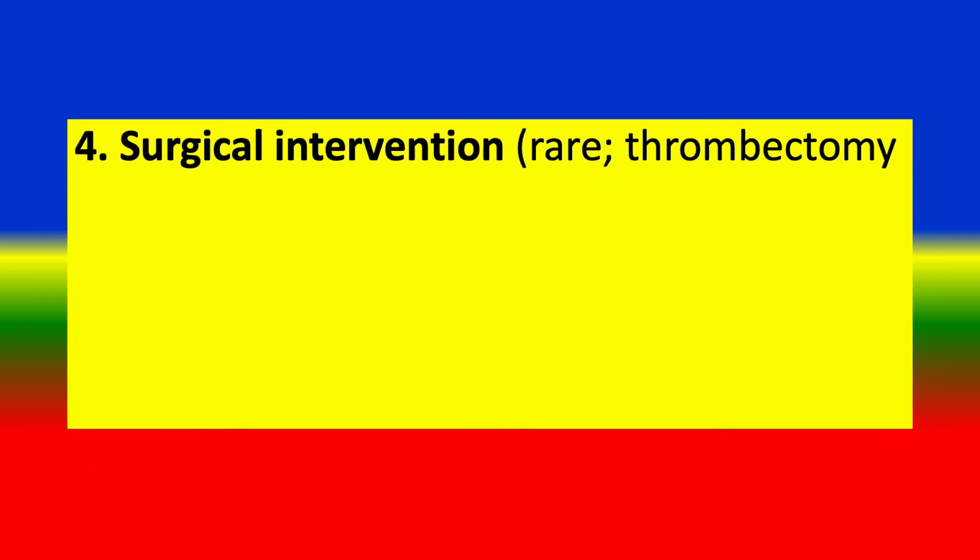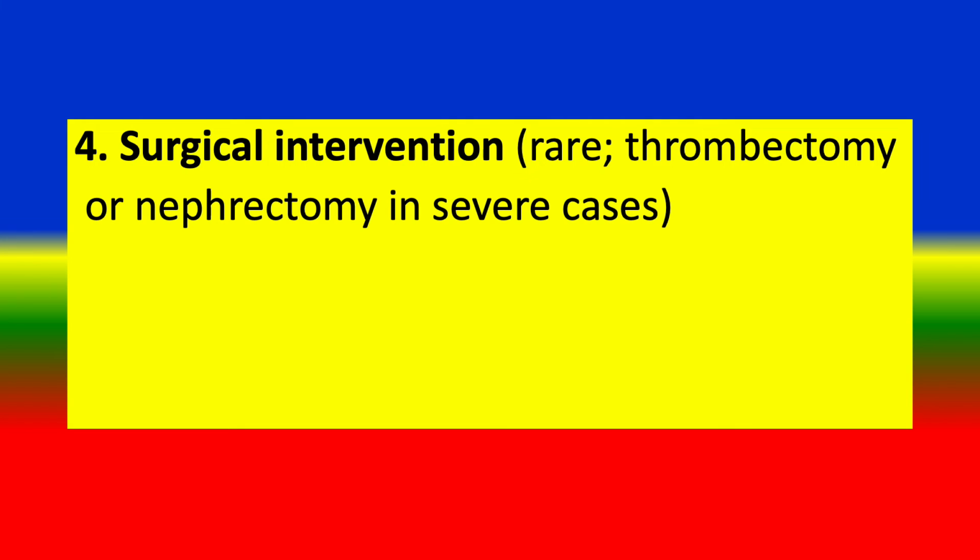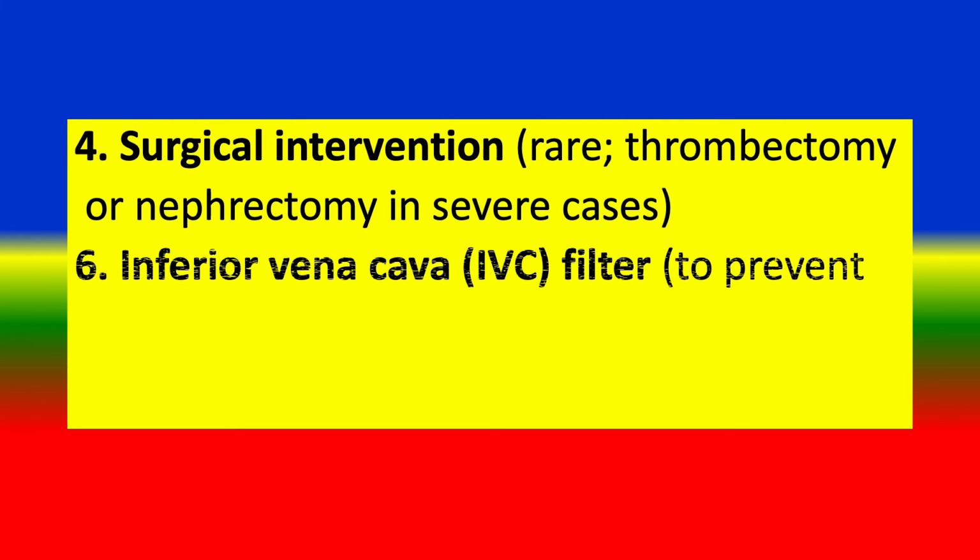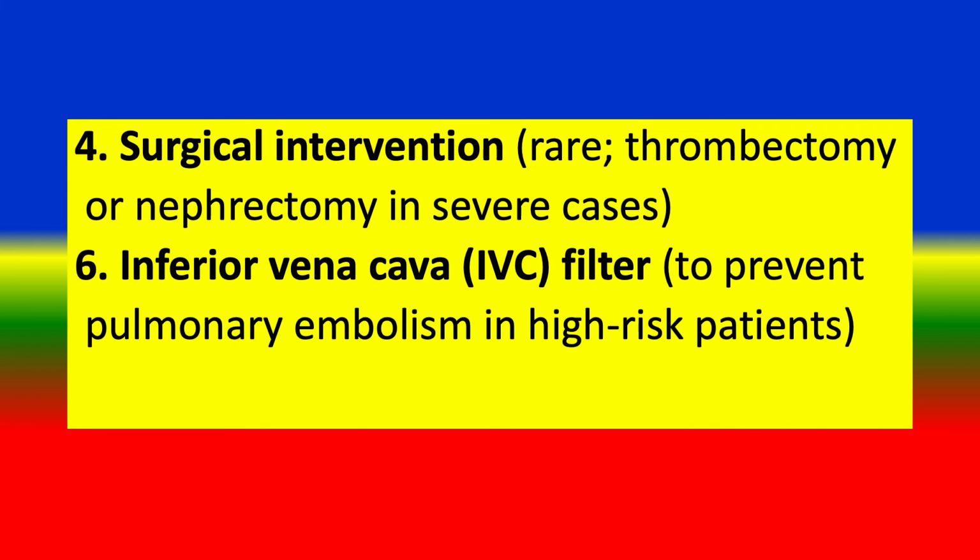Surgical intervention, rare: thrombectomy or nephrectomy in severe cases. 5. Inferior vena cava, IVC, filter to prevent pulmonary embolism in high risk patients.